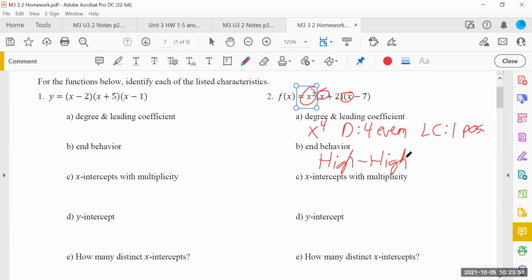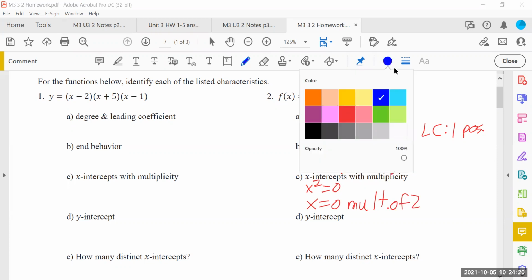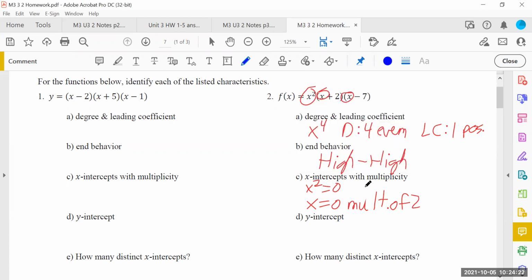X-intercepts with multiplicity. So I'm going to find each of my x-intercepts. X squared equals 0. That's going to give me an x-intercept of just x equals 0, but there's 2 of them, right? That x squared. So x equals 0, multiplicity of 2. Then I'm going to take the next factor. 0 equals x plus 2.